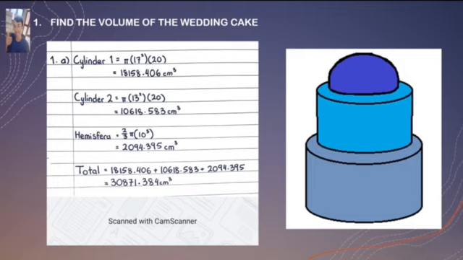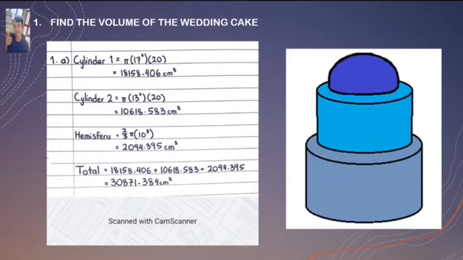Substituting into the formula, pi times 13 squared times 20 equals 10618.583 cm cubed. Lastly, the hemisphere has a radius of 10 cm. Substituting into the formula, 2/3 times pi times 10 cubed equals 2094.395 cm cubed.